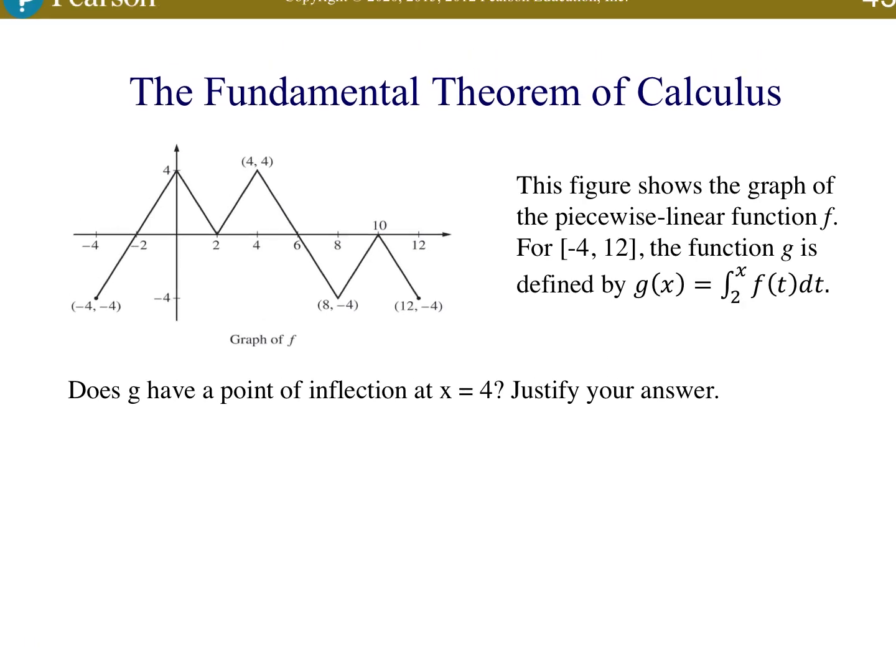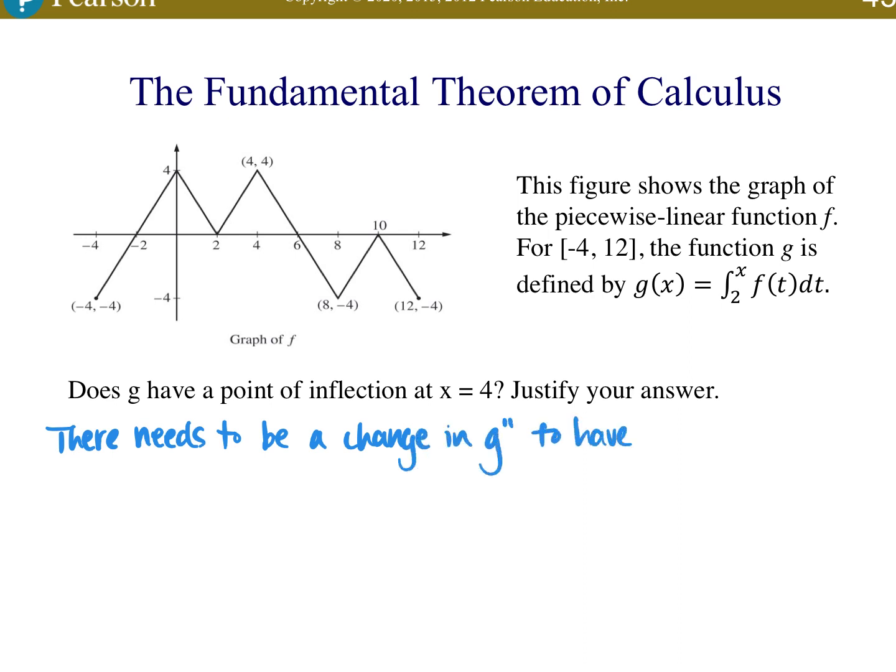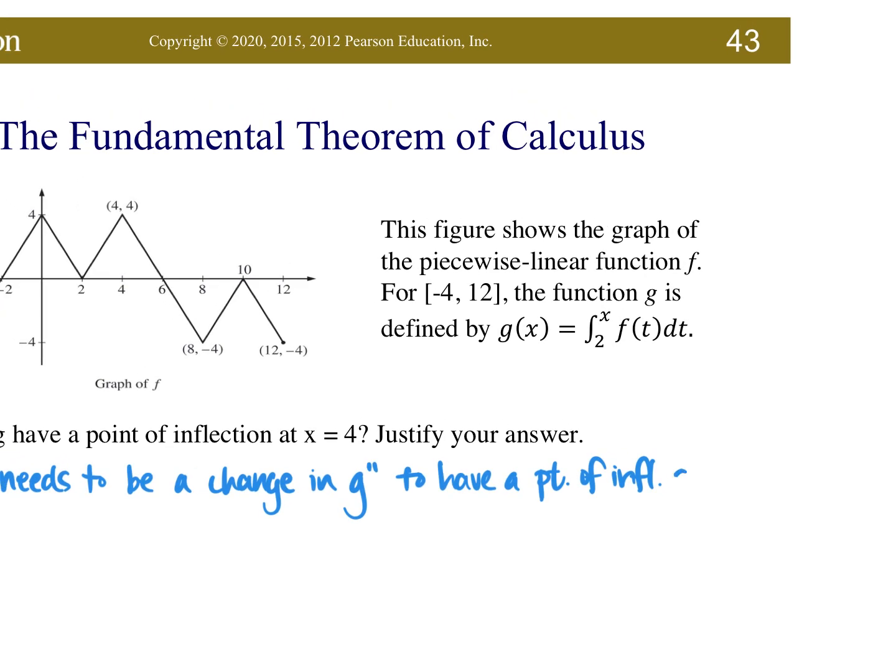Does G have a point of inflection at 4? Okay, well, what has to happen there? So there needs to be a change in G double prime to have a point of inflection at 4.